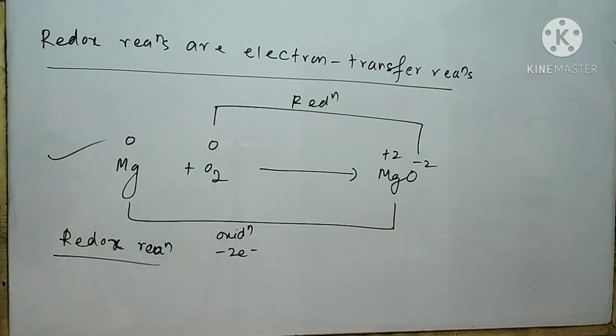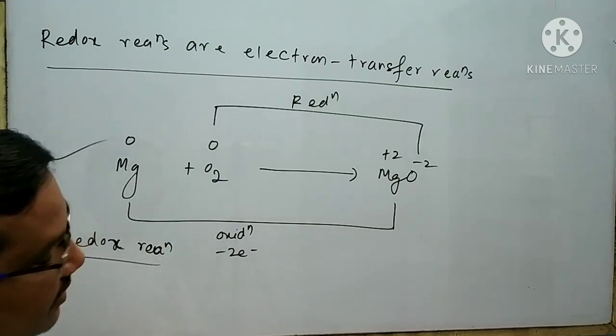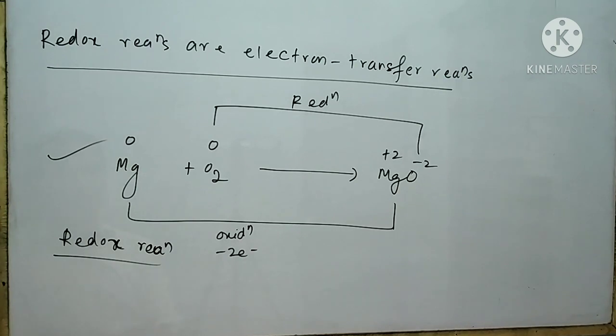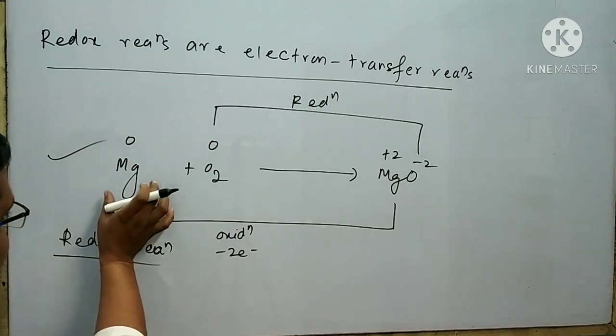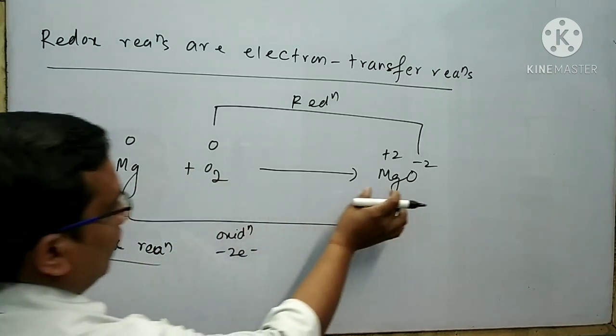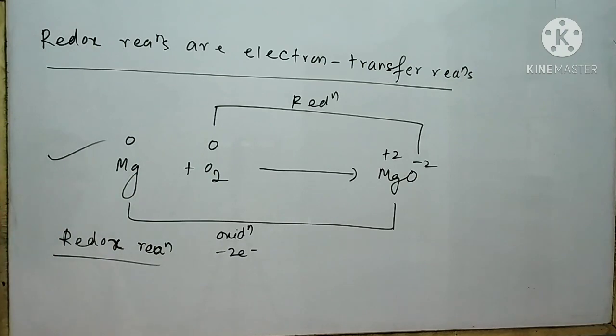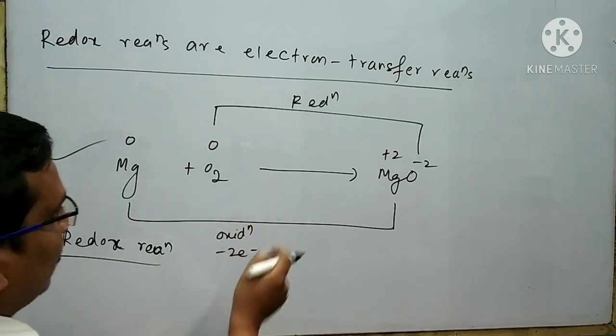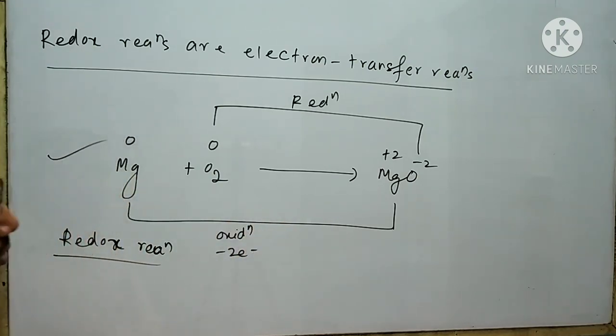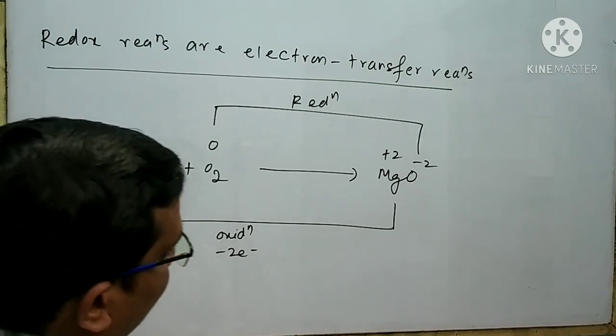This is an example of an electron transfer reaction because in this reaction, 2 electrons are transferred from magnesium to oxygen. As a result, magnesium is converted into an Mg+2 ion. On the other hand, oxygen is converted into an O-2 ion.